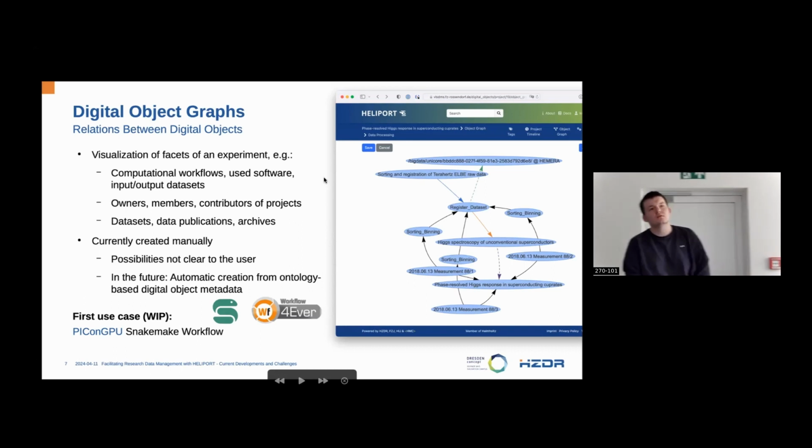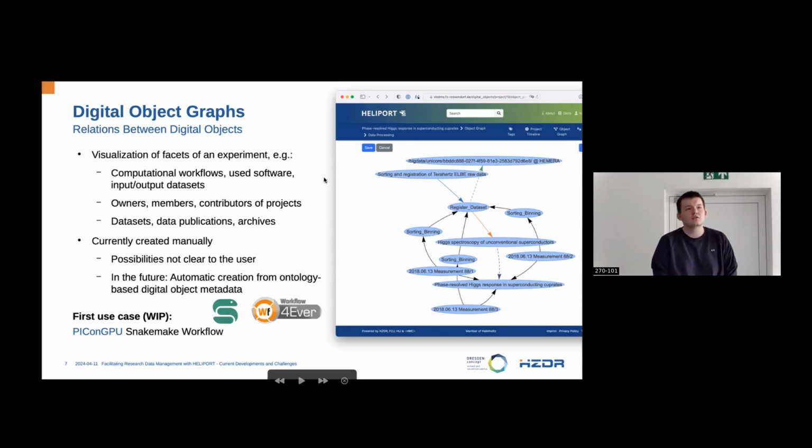This is also currently implemented, or these are also currently created manually, which means that the possibilities aren't necessarily clear to the users at the moment. So we want to add some default interesting views that people can use directly.